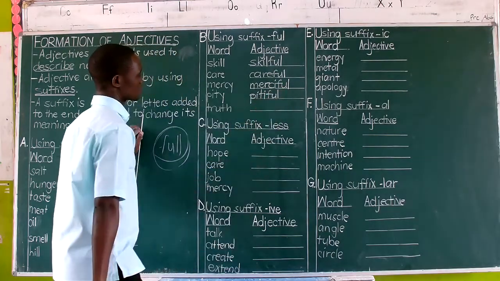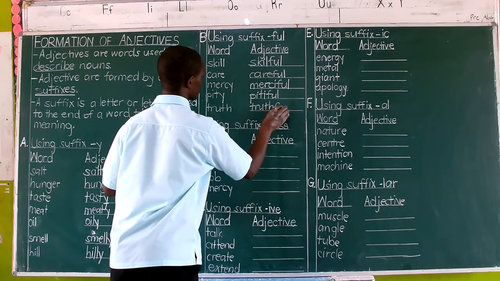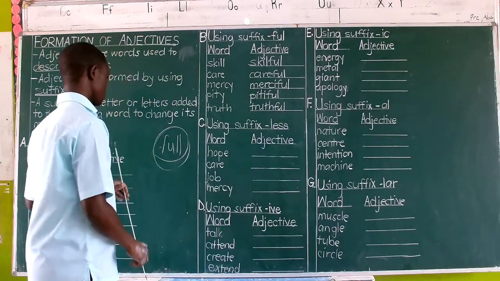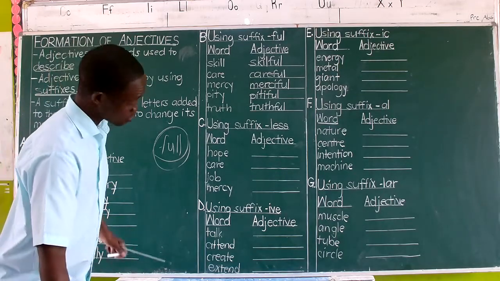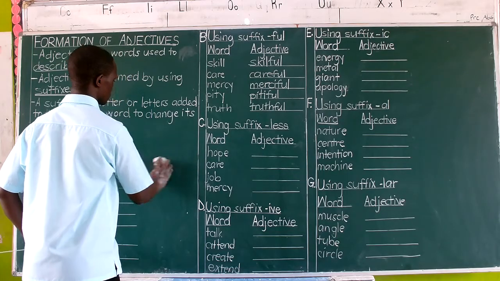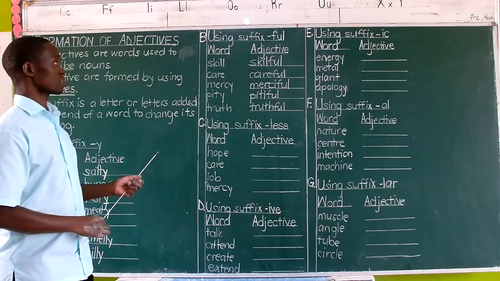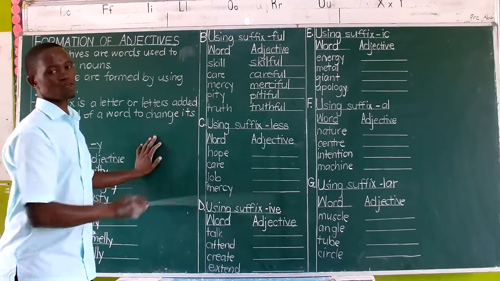P-I-T-I-F-U-L. Our suffix. Then lastly, truth, which changes to truthful. So truthful is our answer. We said we should spell those words ending in single L, not double L. That's all about formation of adjectives using suffix FUL.